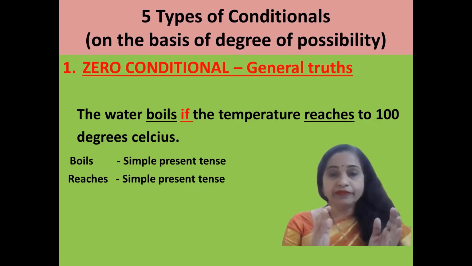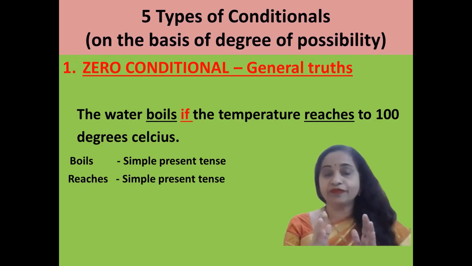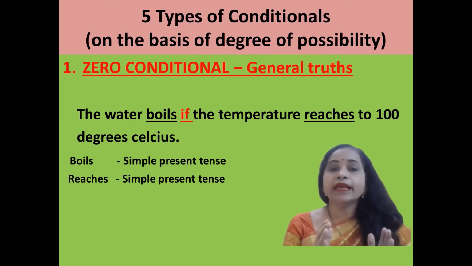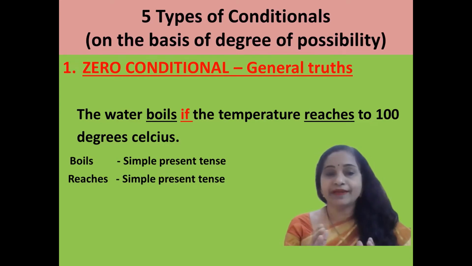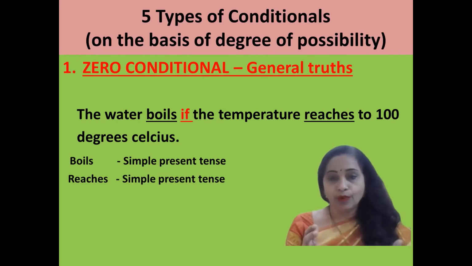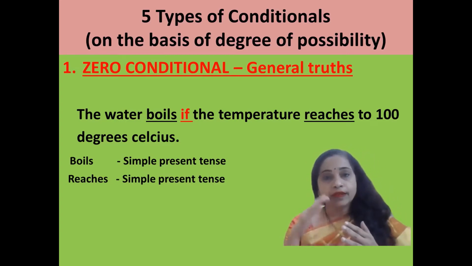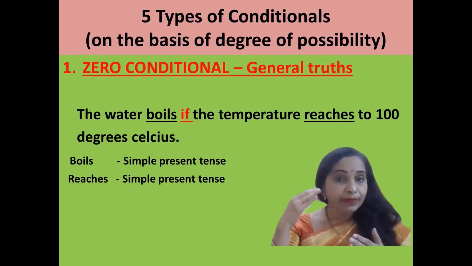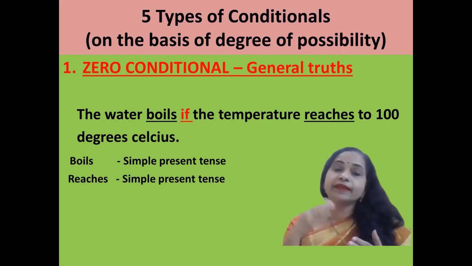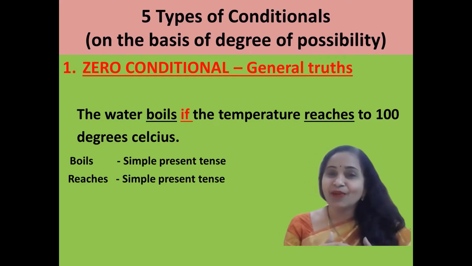If you divide the sentence into two clauses, as I told you, the if clause is: if the temperature reaches 100 degrees Celsius; the main clause is: the water boils. It's a universal truth. Wherever you try to boil water and take the temperature to 100 degrees, then the water automatically starts boiling and then evaporation begins.